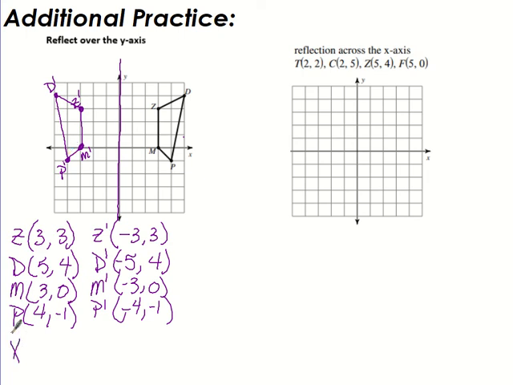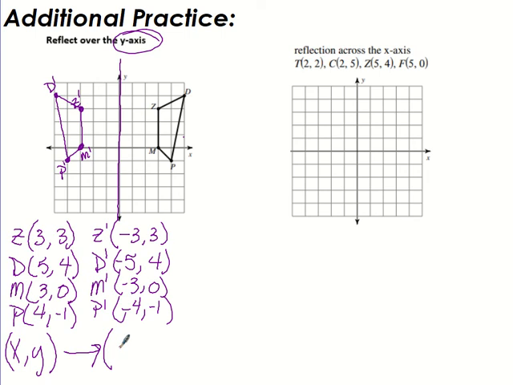So then, what happened to my x, y's to get my primes? Well, if we look, what changed? Maybe pause here, see if you can write the rule for y-axis reflection. What changed? Did the x's change or did the y's change? And how did they change?